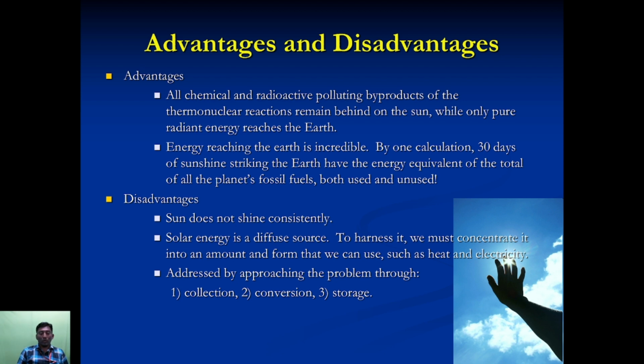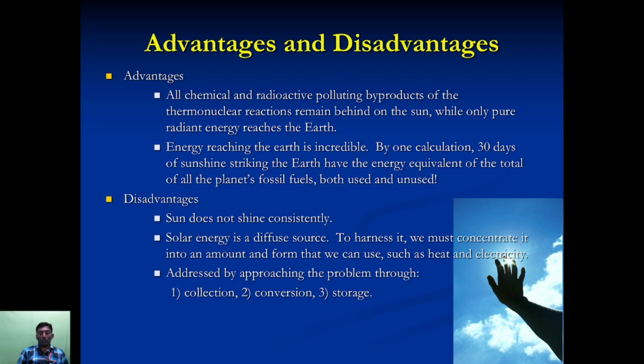Solar energy is a diffuse source. To harness solar energy, we need to concentrate it into an amount and form that we can use, such as heat and electricity. So the collection is a very complicated job in solar energy.